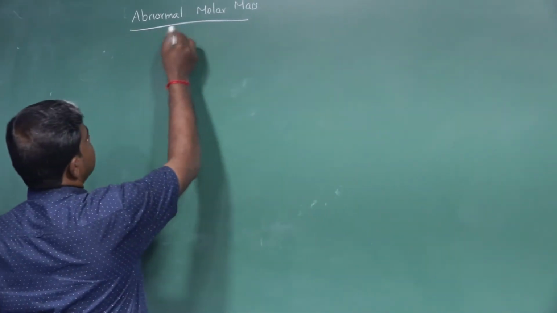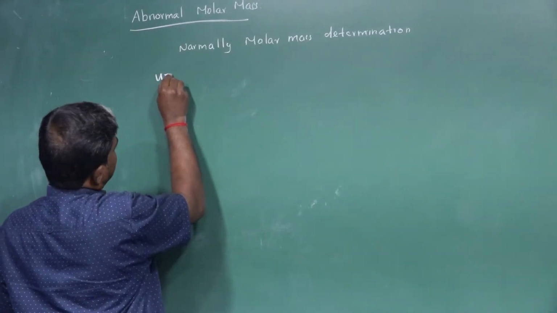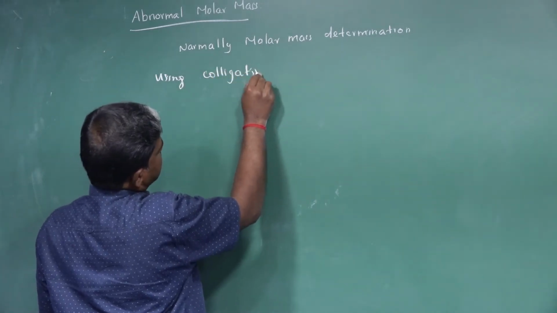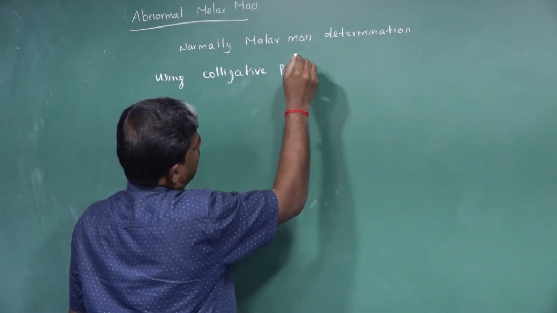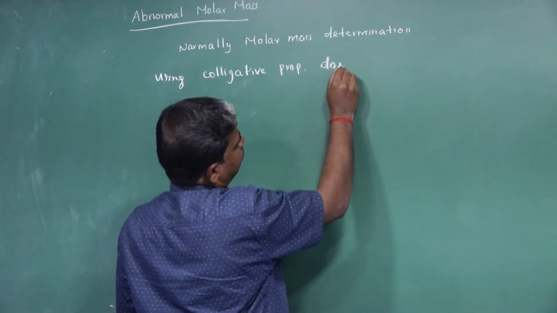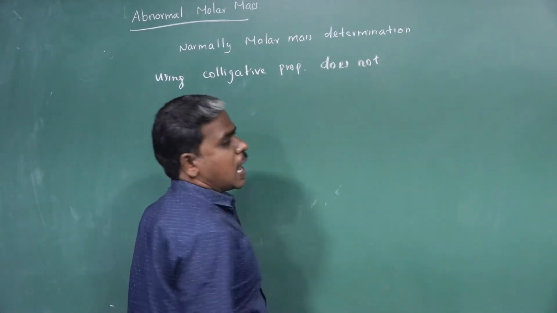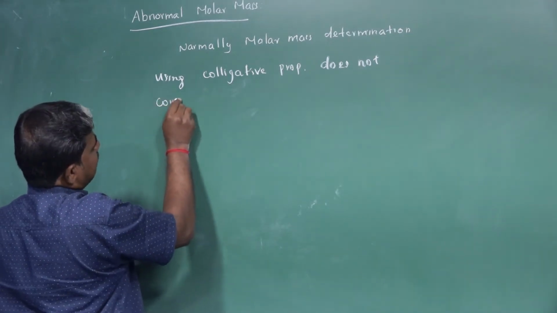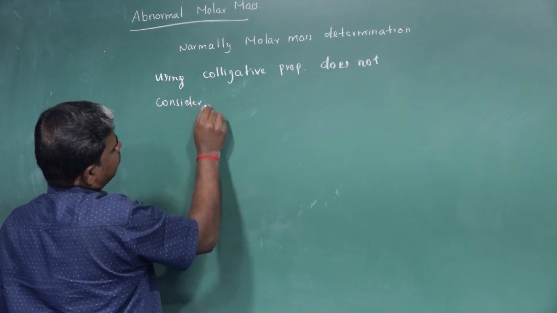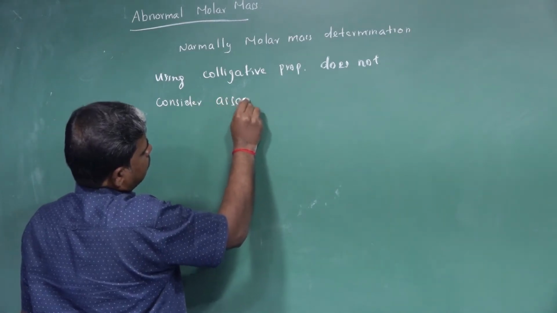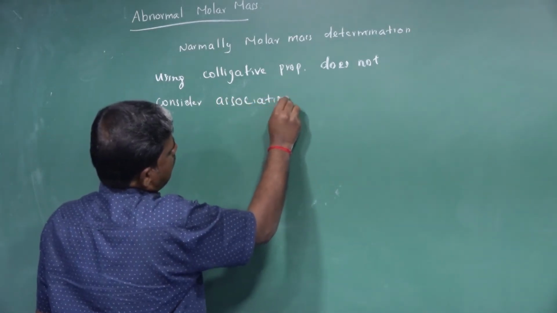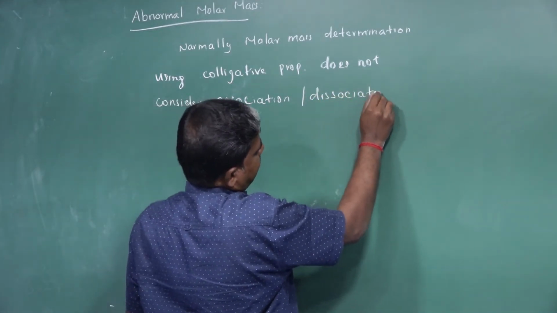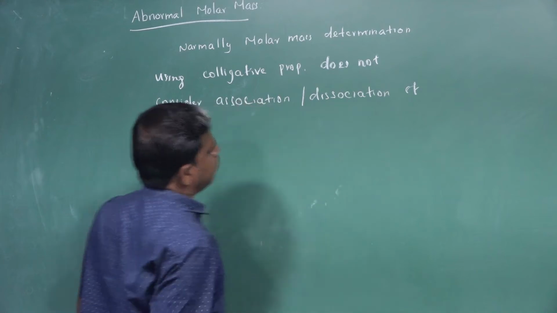Now, we take abnormal molar mass using colligative properties. Colligative properties do not consider association or dissociation of a solute particle.